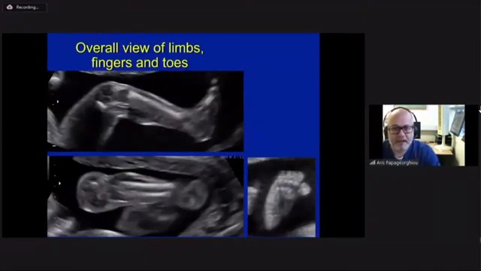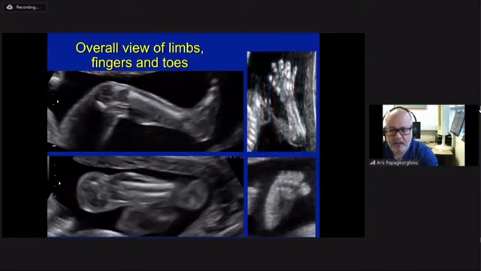A cross-section through the leg like this will exclude talipes with a great degree of accuracy. Make sure you see tibia, fibula, radius, and ulna, as well as the standard measurements of the humerus and femur.